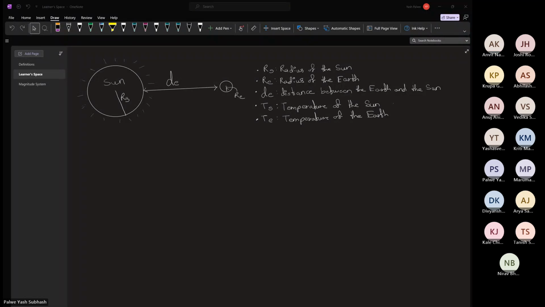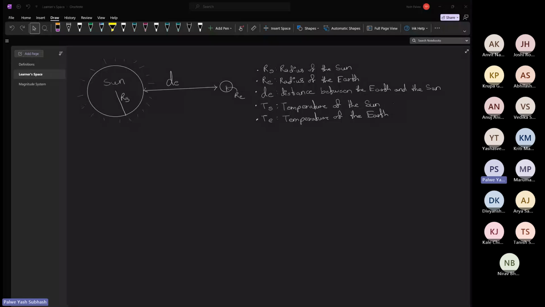Yes. Okay. So to solve this question, you just need to understand the concept of energy. Whatever heat the Earth is absorbing that is radiated by the Sun, it should emit itself.